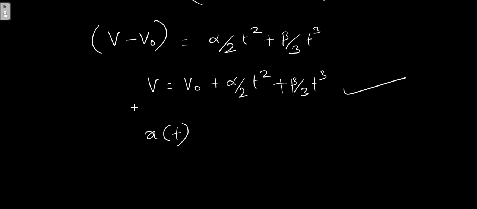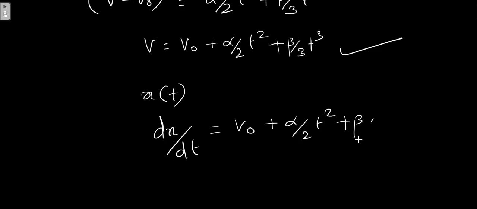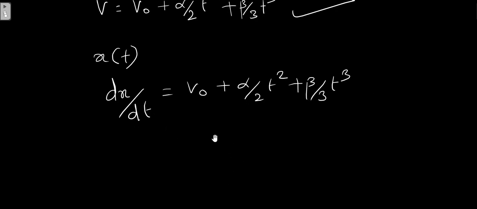We can define velocity v as a differential form dx by dt. So v can be written as dx by dt. Position changes with respect to time, displacement with respect to time, and that is equal to v0 plus alpha by 2 t square plus beta by 3 t cube. Clear? Then what about displacement as a function of time?